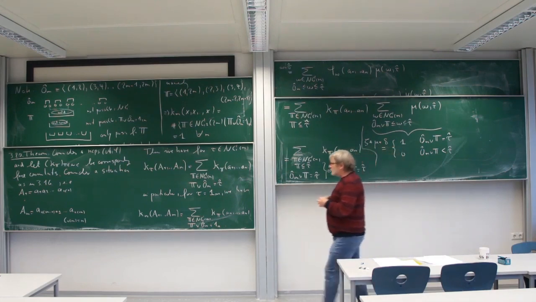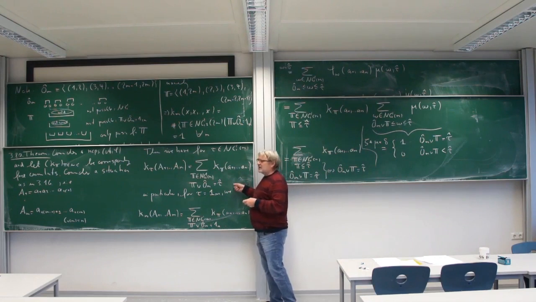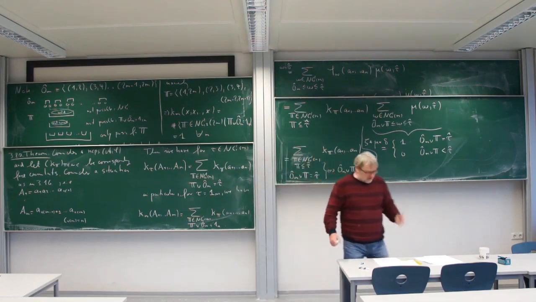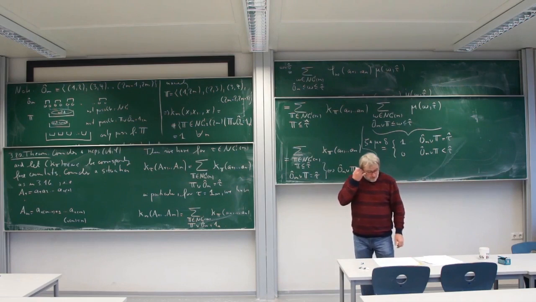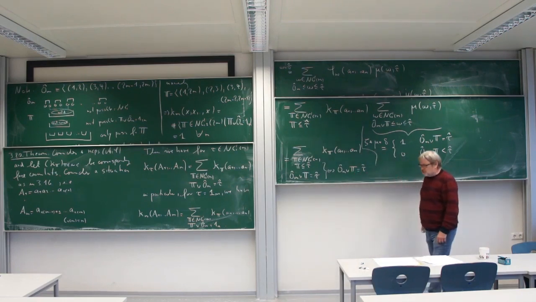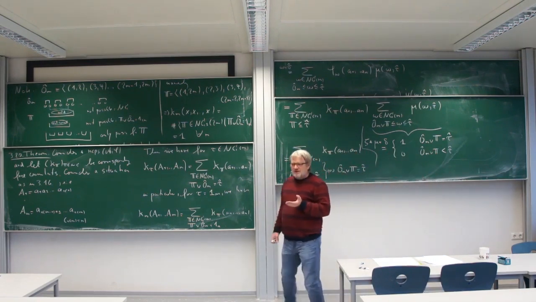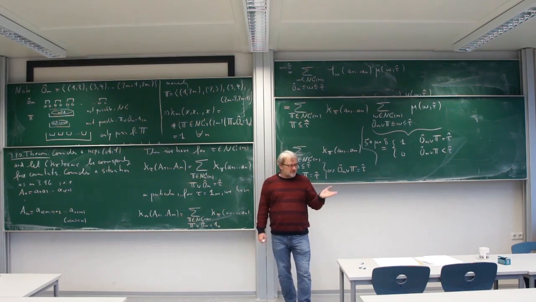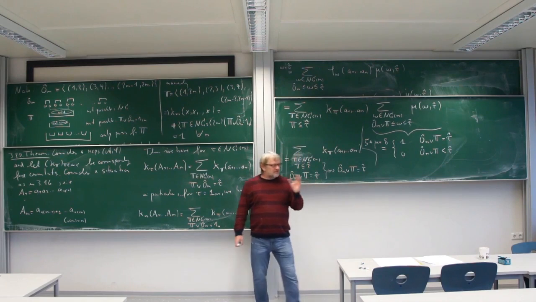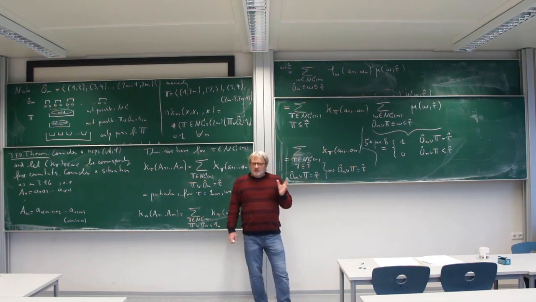And for proving this theorem, the following will be essential. The first step for the proof, which will be part of the proof of the general theorem, is to look at a special situation where one of my variables is 1. We know that 1 is free from everything, which means if it is true that mixed cumulants in free variables vanish, then it should be the case that if I have a cumulant where I have 1 as an entry, and it doesn't matter what the other entries are, then this should vanish.